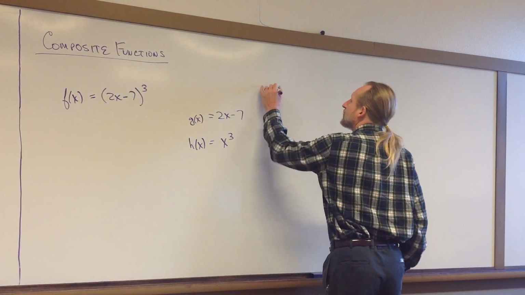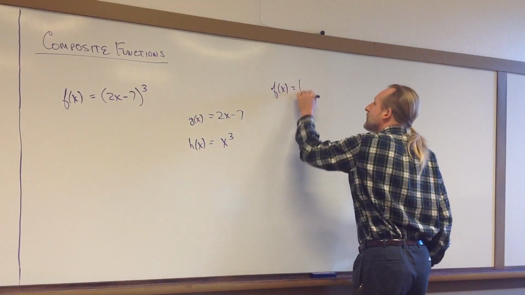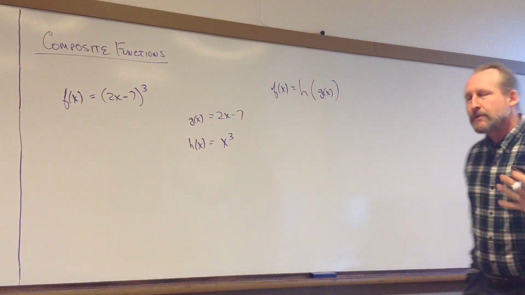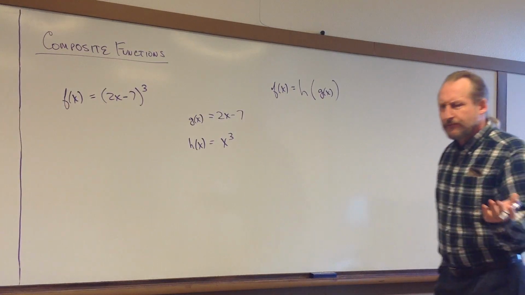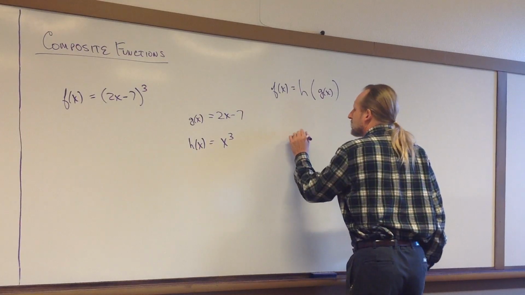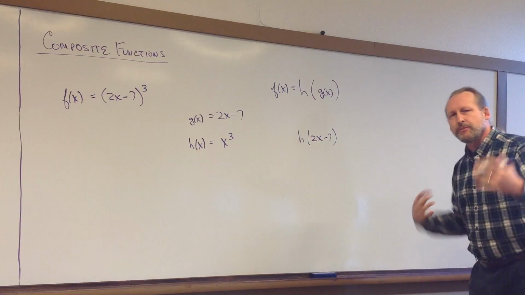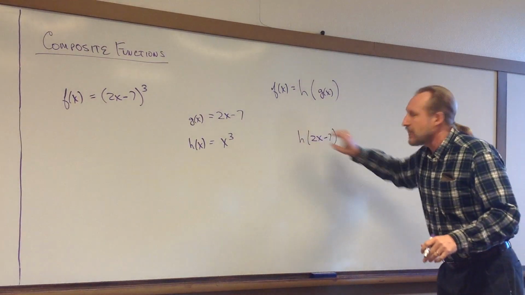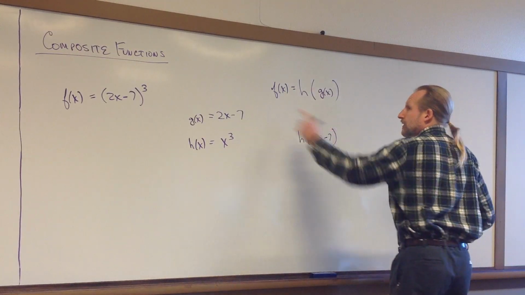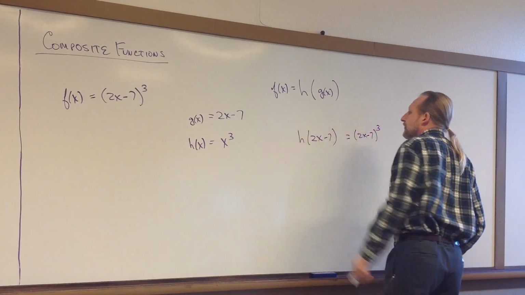Okay? So what I'm saying is that you can think of f of x as being h of g of x. If you remember, I think it was the first section in chapter 1, where I asked you to find, let's say, h of 2x minus 7, where h was a particular function, and you would just take this piece and plug it into the function itself, and that would give you the (2x minus 7) to the third power.